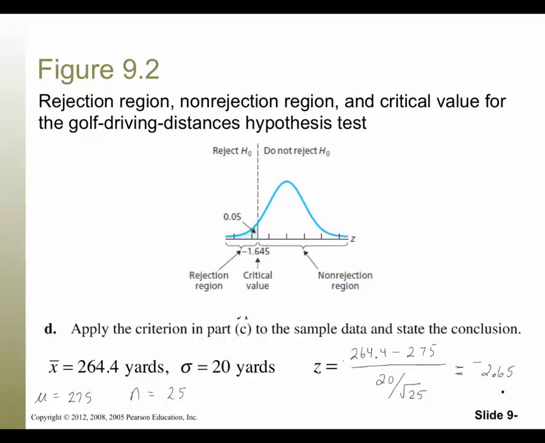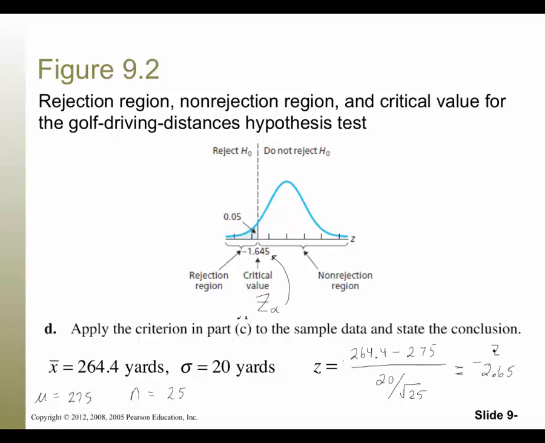Okay? Are we in the non-rejection region or the rejection region? So now we're comparing the critical value, that's Z alpha. Our critical value is a Z-score, and then we have the Z-score for our sample. That's what we're comparing.